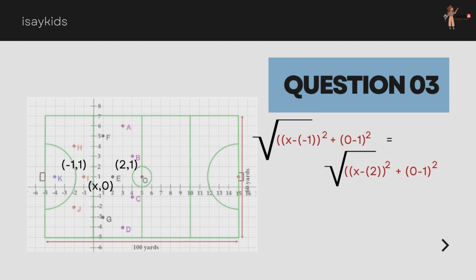square root of x minus minus 1 whole square plus 0 minus 1 whole square would be equal to x minus 2 whole square plus 0 minus 1 whole square.